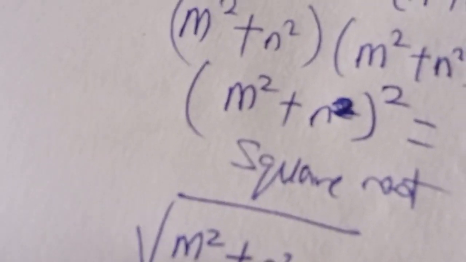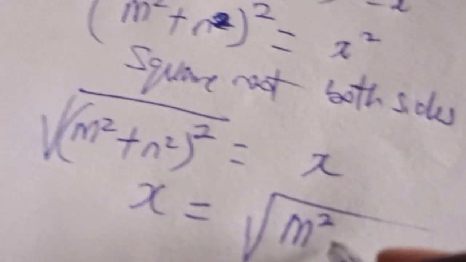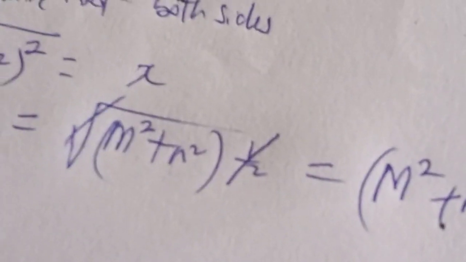So x equals the square root, which gives m² plus n². So that's the value for x. Our hypotenuse is m squared plus n squared.